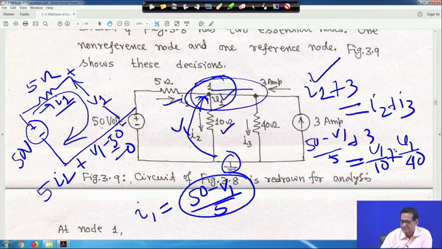This is your KCL equation, and then you replace everything by V1. In this equation, all terms are in V1, so you can easily solve for V1.